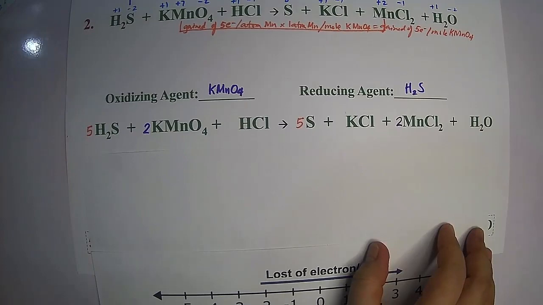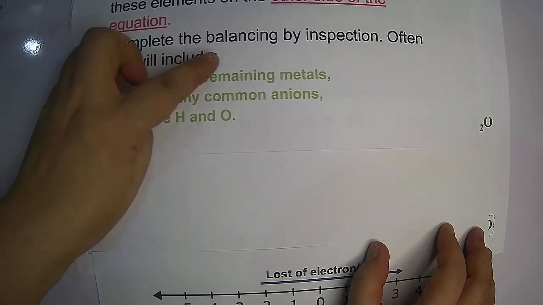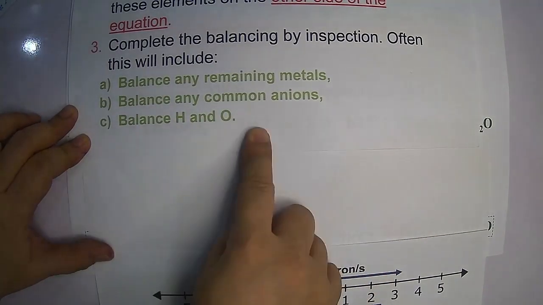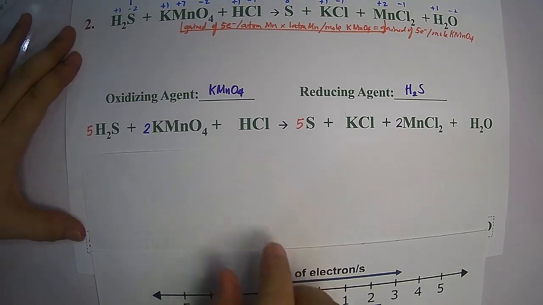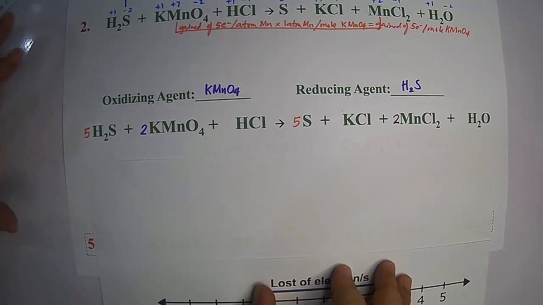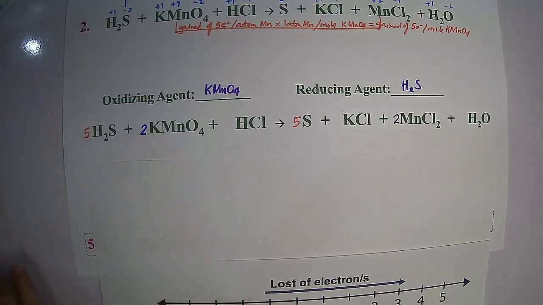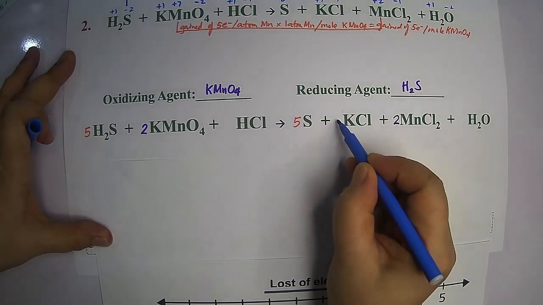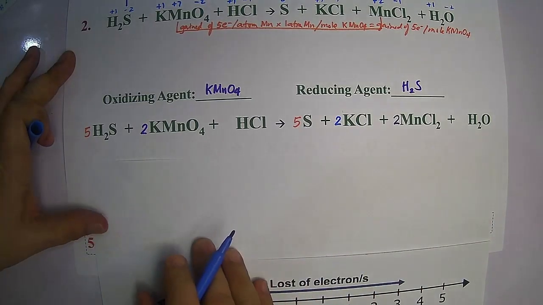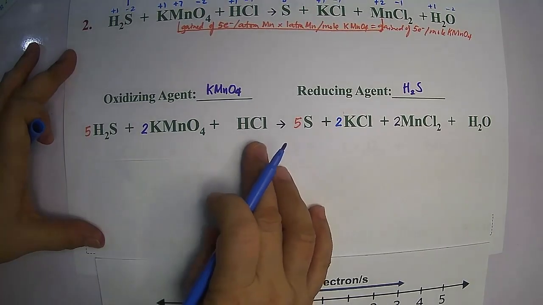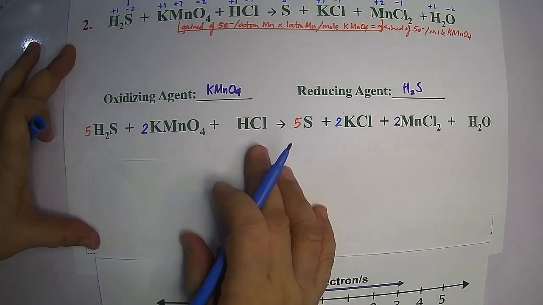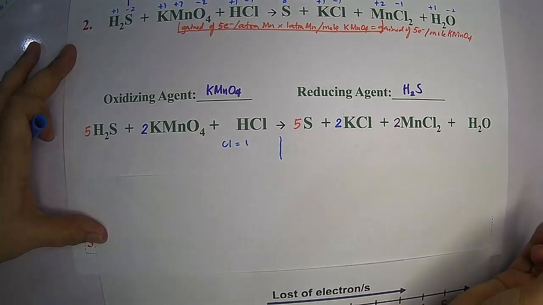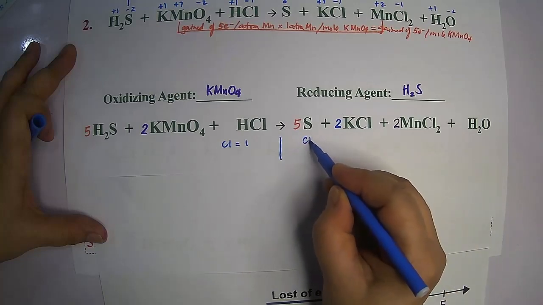the next step is to complete the balancing by inspection. If there is any remaining metal, then common anion, then hydrogen and oxygen. So the remaining metal is potassium. We have here potassium 2, we have here 1, so we write 2 here to balance the potassium. Then the remaining anion is chlorine, or the chloride. On the right side, you have the chloride ion.